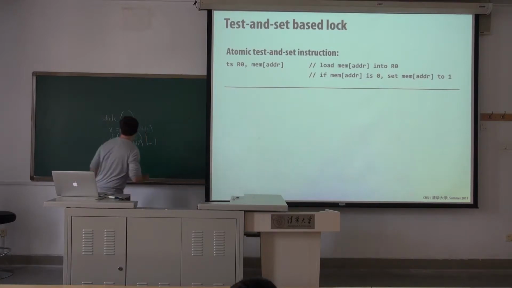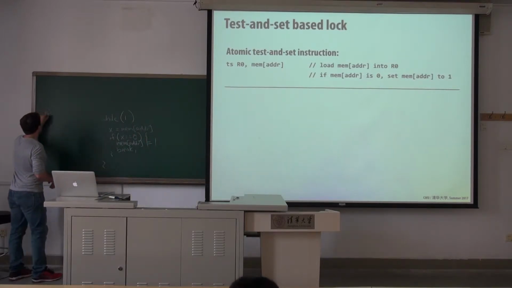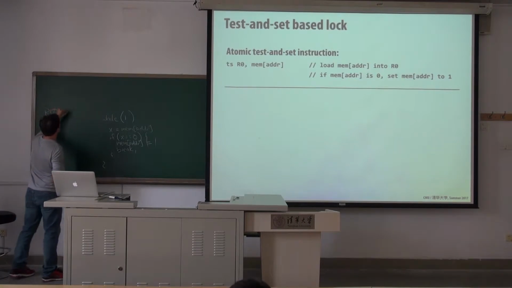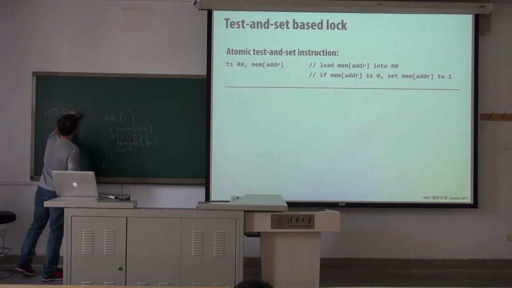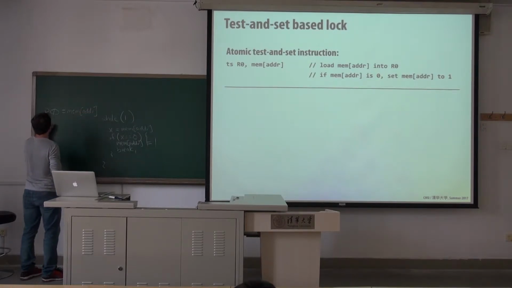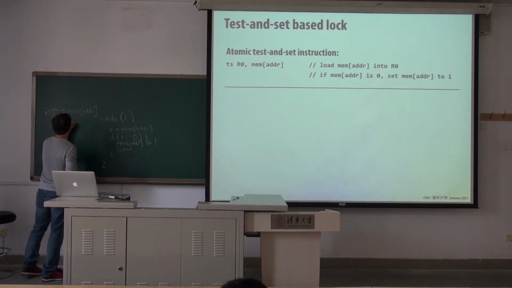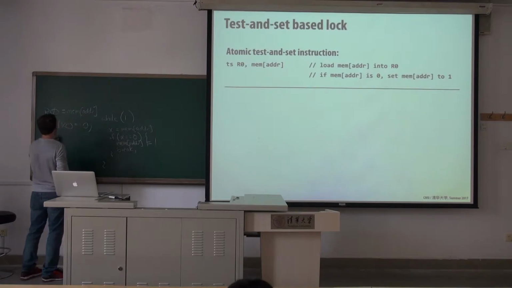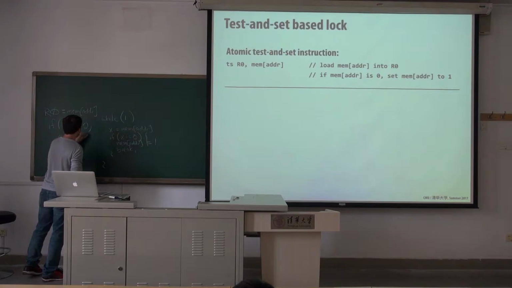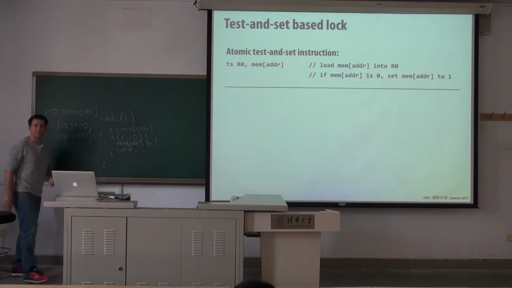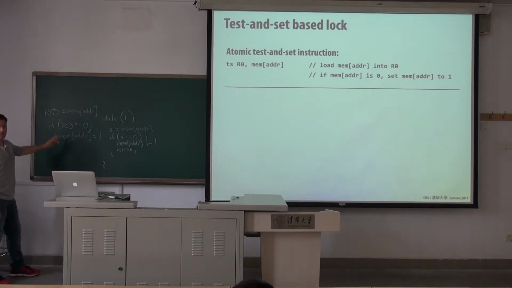So it looks like this. R0 equals mem addr. If R0 equals 0, mem addr equals 1. That's what this instruction does.